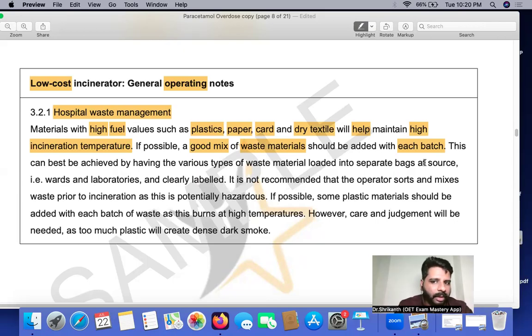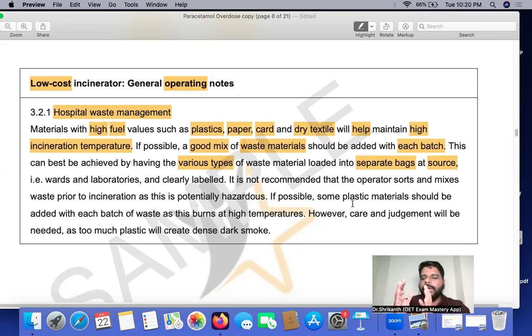Another helpful advice. Now, how can we achieve this? This can be best achieved by having the various types of waste materials loaded into separate bags at the source itself. Source means the place where you are collecting the waste. From the source itself, you put the waste materials into separate bags: plastics in a separate bag, paper in a separate bag, dry textiles in a separate bag.